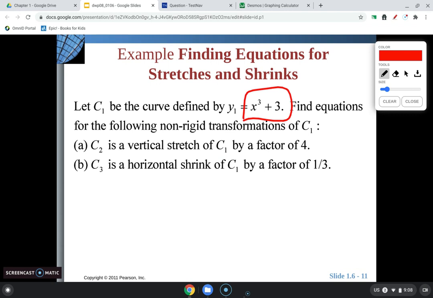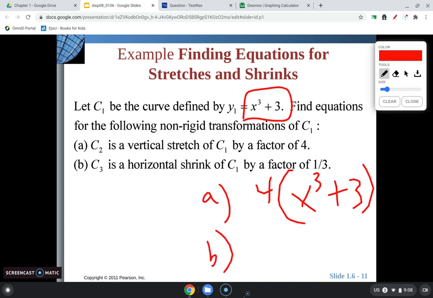All right, so let C1 be this function right here. Find the equations for a vertical stretch of 4 for A. Well, vertical stretch of 4, we just put 4 out front and multiply it by the function. You don't need to multiply it out or anything, just need to write the basic function. B is a horizontal shrink by a factor of 1/3. All right, so that's horizontal, so we have to take the reciprocal of 1/3, which is 3.